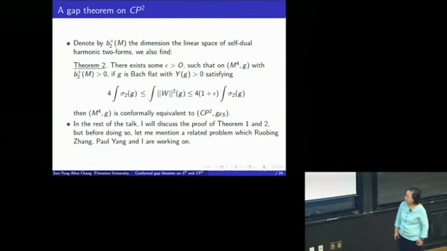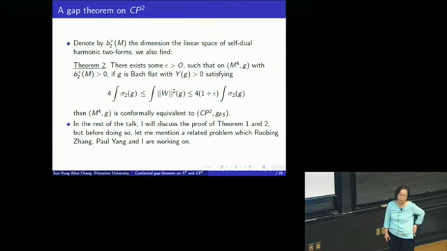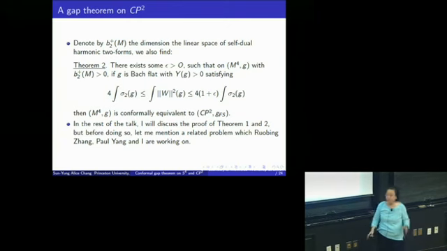So this is the second theorem. And for the rest of the talk, I will describe a sketch of how to prove theorems 1 and 2. But before I do that, let me briefly mention some other work which Rubin Zhang, Paul Yang, and I are working on, which is related to this problem.